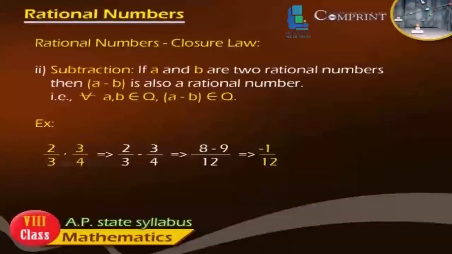That is, for all a, b belongs to capital Q, a minus b belongs to capital Q. Example: 2 by 3, 3 by 4 implies 2 by 3 minus 3 by 4 implies 8 minus 9 by 12 implies minus 1 by 12. Here 2 by 3, 3 by 4 and minus 1 by 12 are rational numbers.